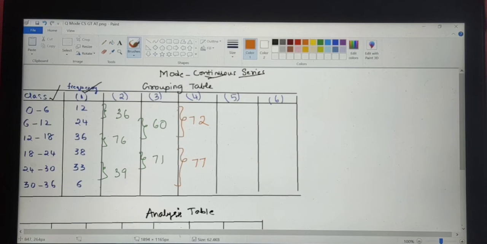The fifth column says leave the first value and group the remaining into threes: 24, 36 and 38. After that we have only two values left, which is 33 and 6, so in that case we cannot consider it.